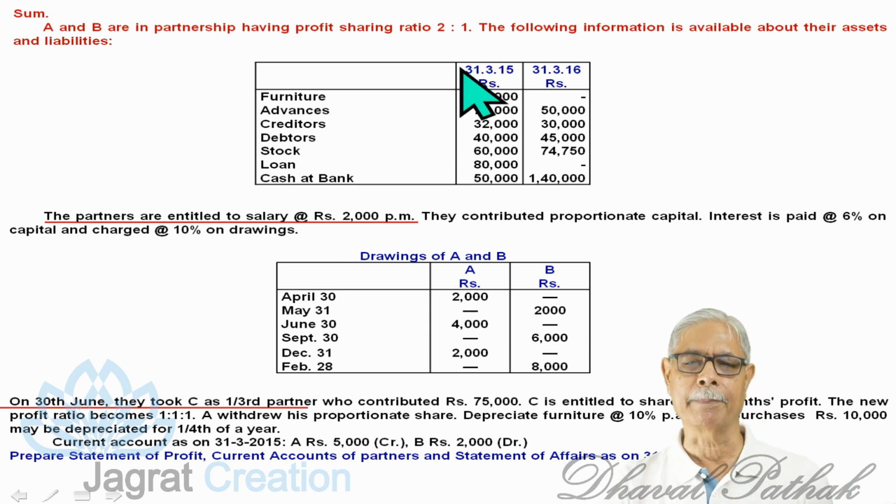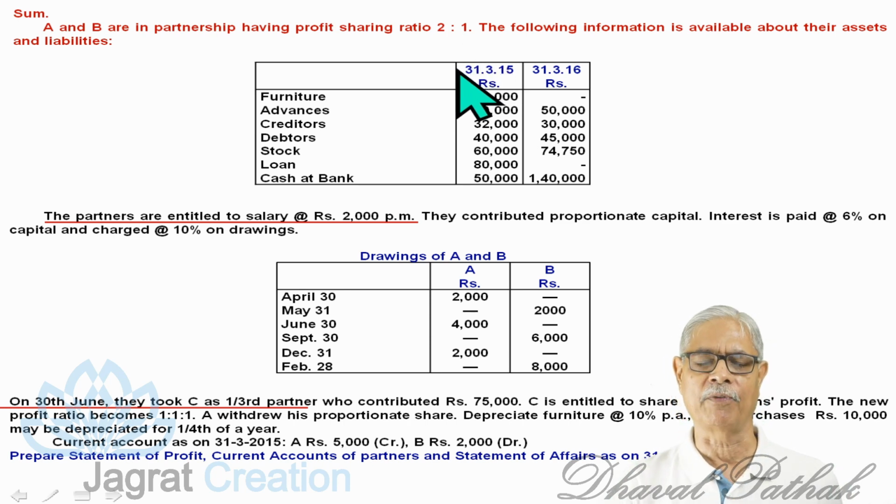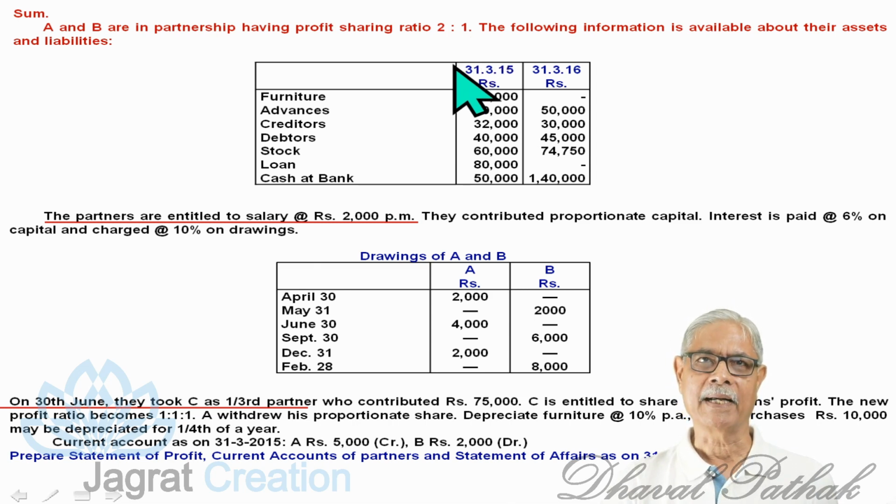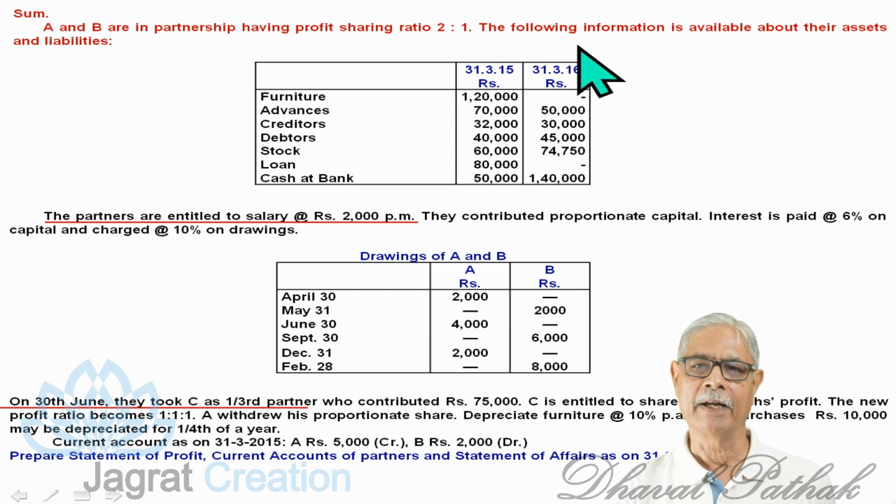So in the opening statement of affairs, I'll write down the fixed capital of A 1,50,000 and the fixed capital of B 1/3, that is 75,000. But at the end of the accounting period, that is on 31/3/2016, I am going to prepare a statement of affairs wherein all these assets and liabilities will be recorded.